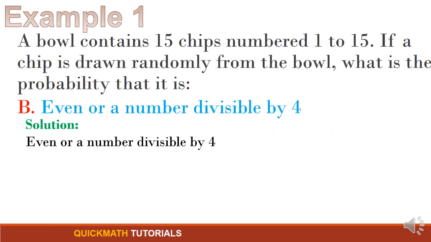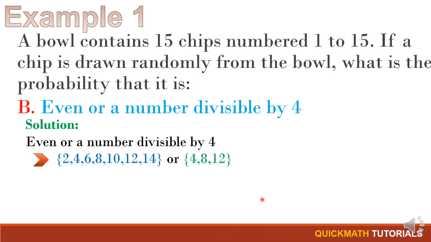And for our letter B, we will find the probability of getting an even number or a number divisible by 4. So for our solution, let's first list all the possible outcomes of the two events. For our first event, we have an even number, so the possible outcomes are 2, 4, 6, 8, 10, 12, 14.